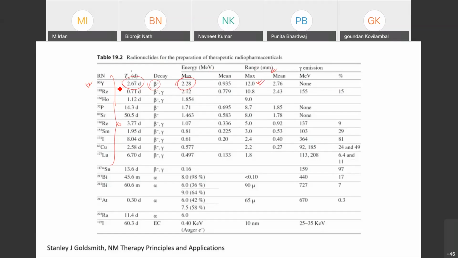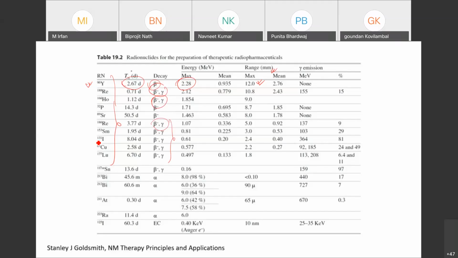One thing we should keep in mind is that all these beta emitting radionuclides decay either by beta solely or a combination of beta and gamma. Those nuclides which decay by beta and gamma emissions can be used as theranostics. So beta will be used for therapy, and gamma for the diagnostic, imaging point of view. For example, rhenium decays by beta and gamma.